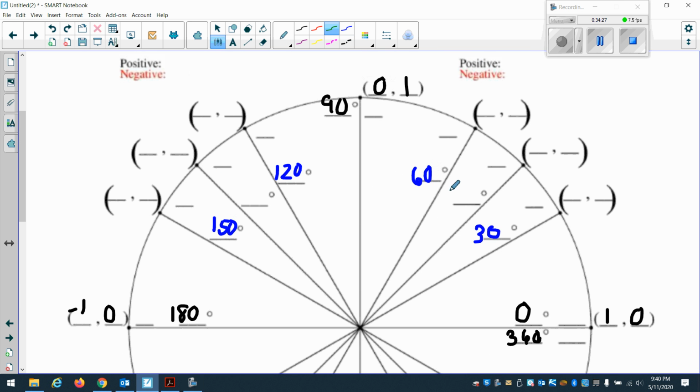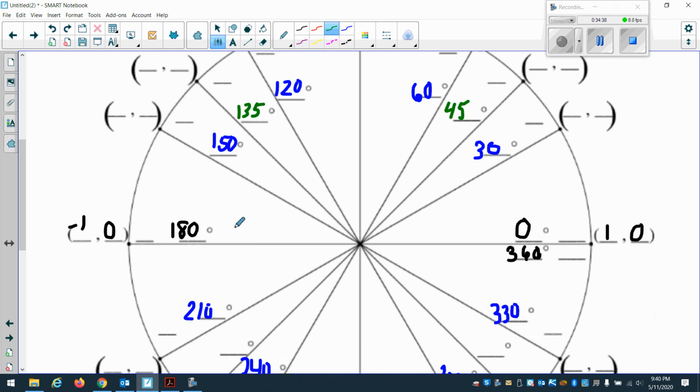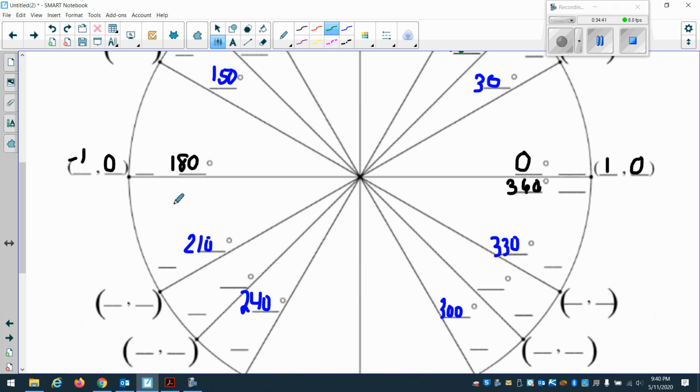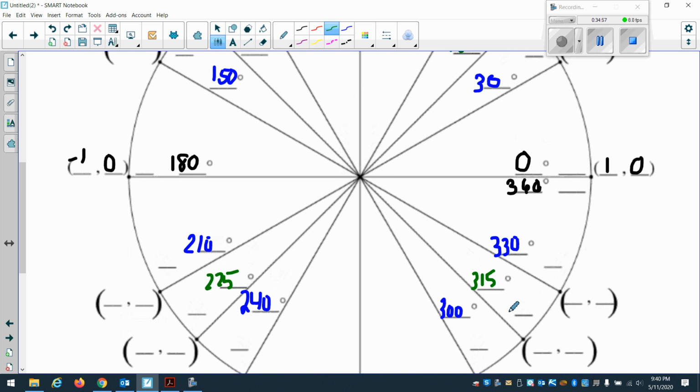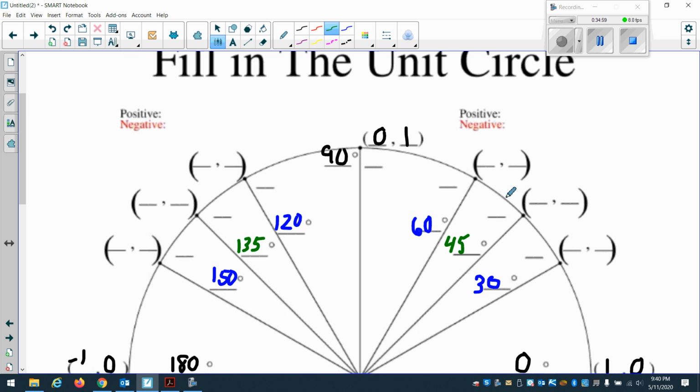Then your next would be 45 degrees. So 45, add 45 to get 90, add another 45 to get 135, 180, 225, 270, another 45 is 315, then add another 45 is 360.